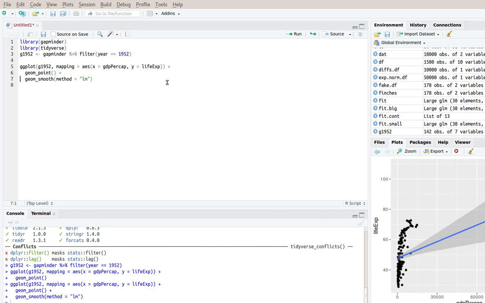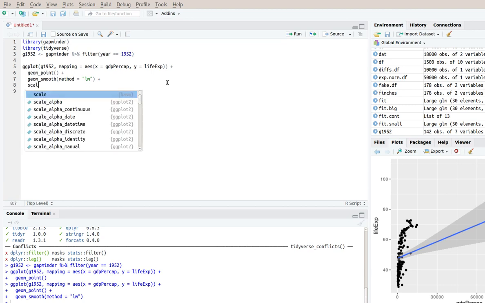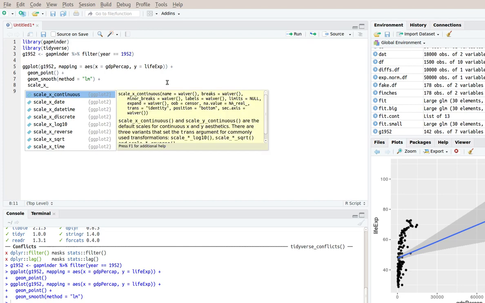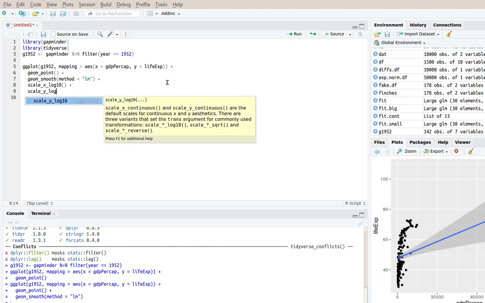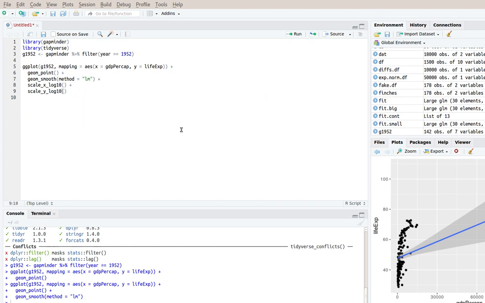Okay. So now actually we want log 10 of life expectancy, log 10 GDP per capita. So we'll say scale x log 10, and we also want to say scale y log 10, so that both the x and the y-axis are computed like that. If we want to be really nice about it, we'd also display the dollar sign.